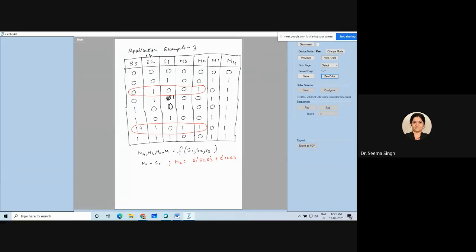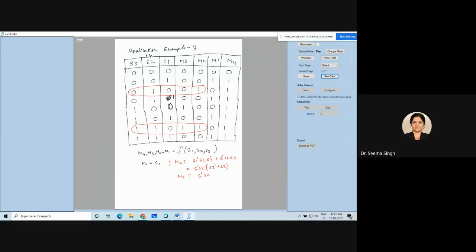Now if you take S1 bar, S2 common, you will drop S3 bar and S3. The question also says the same: M2 will be running when S1 material is not available and S2 material is available. Even for S3 it becomes don't care.